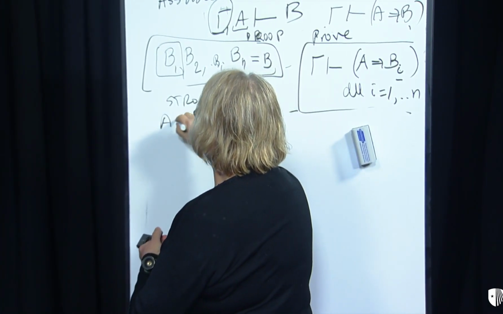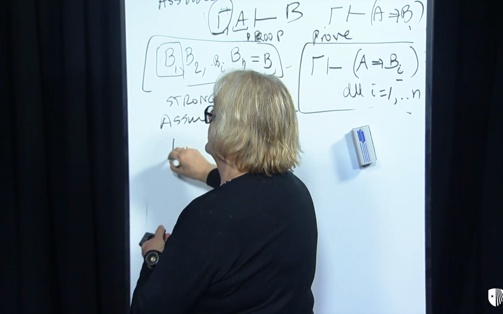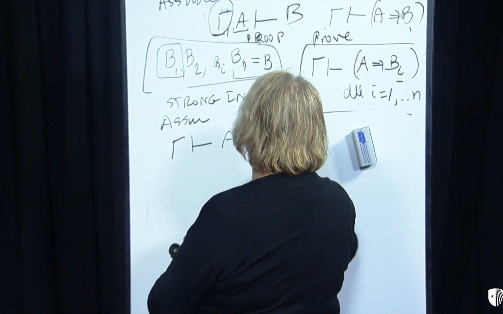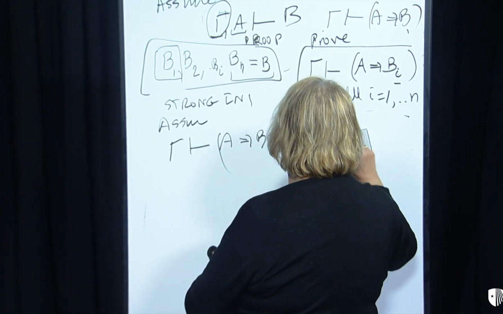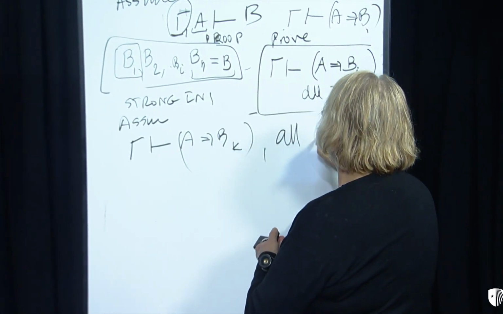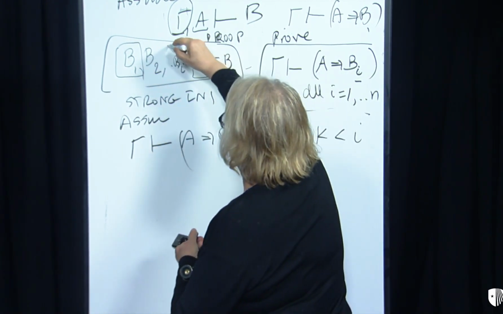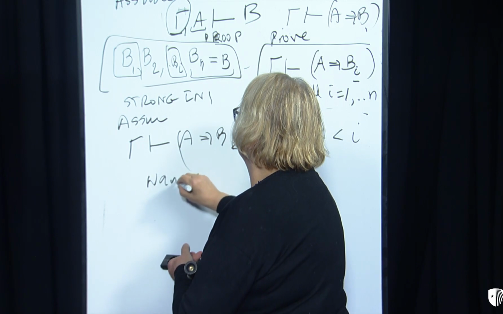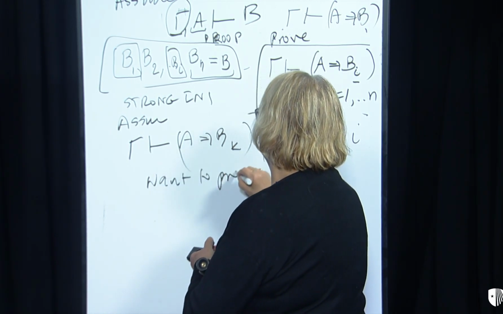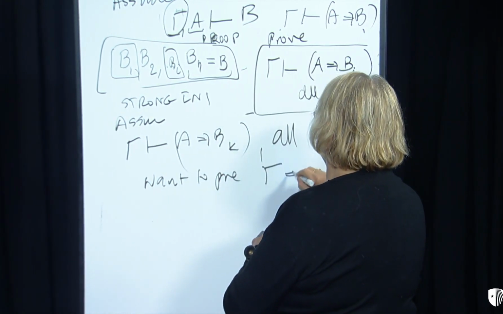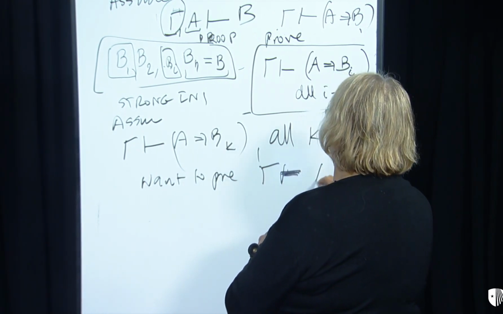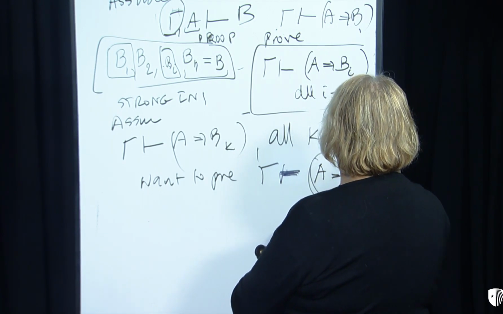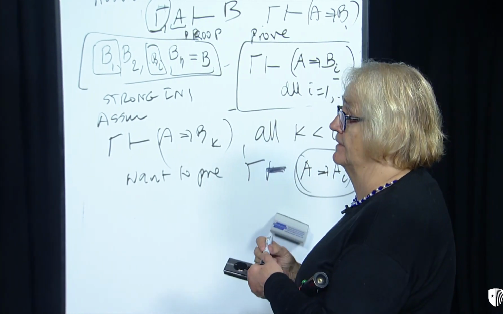We assume that gamma proves A implies Bk for all k less than i, and want to prove that gamma proves A implies Bi.